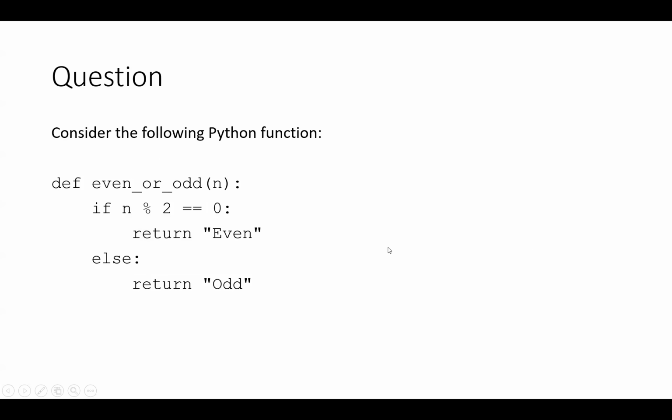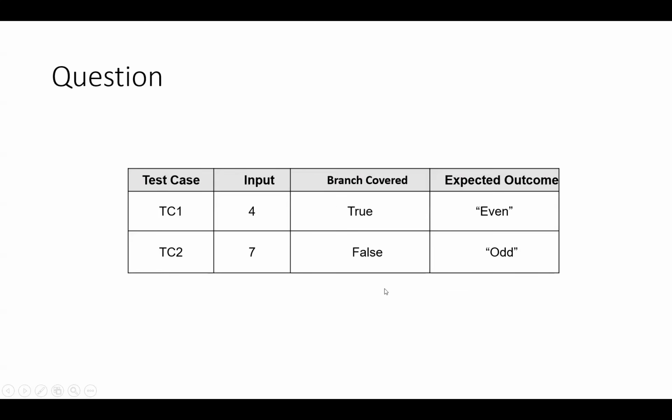Now, the expected outcome is generally what is going to be returned. So in this case, it's going to return even, and then else is going to return odd. So to test the false branch, you're going to put a number that doesn't give you a mod of 0, something like 5, 7, 9, etc. That's going to cover the false branch and the expected outcome is going to be odd.